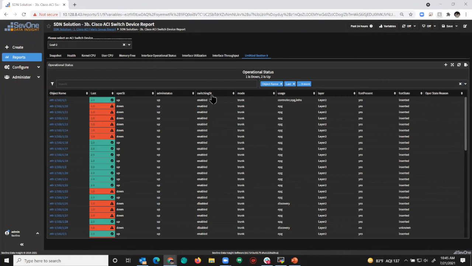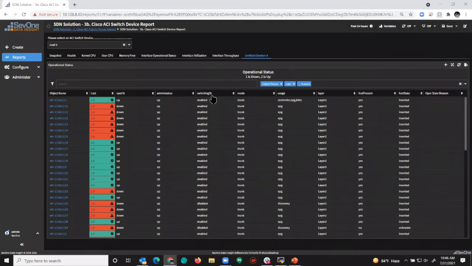It turns out there's an extra thing in ACI called switching state. Switching state essentially says whether the policies are set up to allow traffic to flow to this port. It's a software-defined thing, not admin or operational status. So you can have admin up and operational up, but switching state can be disabled because there's no policy configured to use that port.